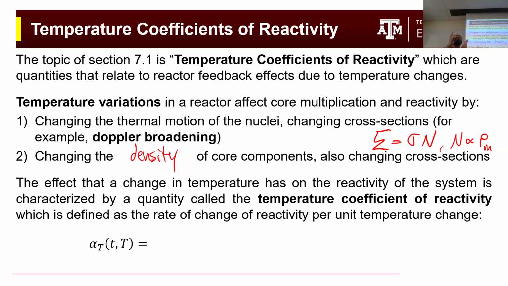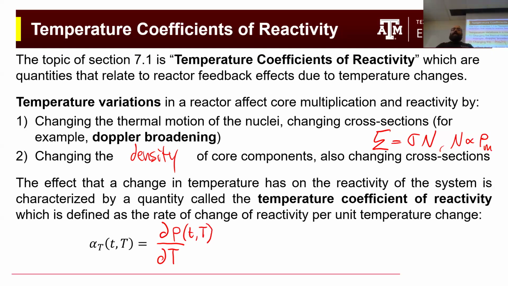Ultimately, if the temperature in our system changes, we want to know how that affects the reactivity of our system. And that's what the temperature coefficient of reactivity tells us. It is a quantity that tells us about the rate of change of our reactivity per some change in our temperature. As an equation, it is defined as the partial derivative of the reactivity with respect to the temperature.